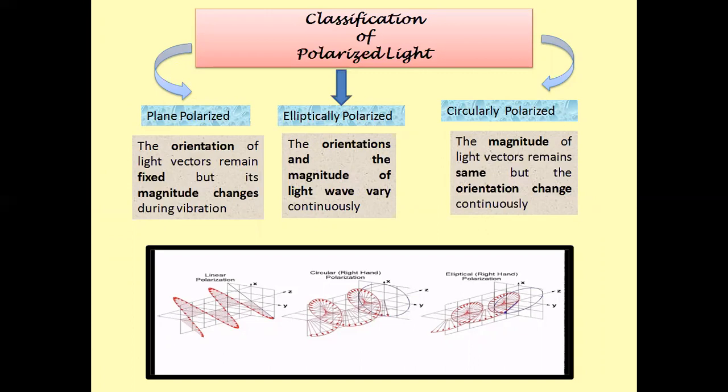The orientation and magnitude of light waves vary continuously in case of elliptically polarized light. On the other hand, when the magnitude of the light vector remains the same, but the orientation changes continuously, it is known as circularly polarized light.